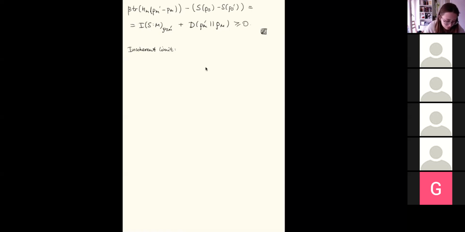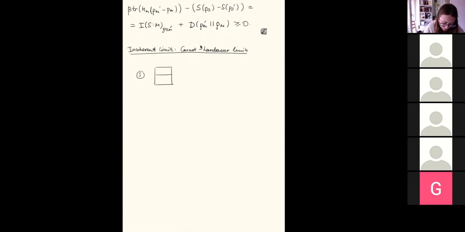Okay, and so this limit we will call the Carnot-Landauer limit, because it's basically us modeling explicitly the work by a Carnot machine. So here the setting is, we have a system S, and then the machine has two parts.